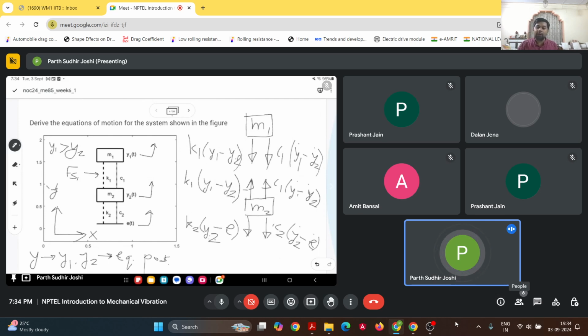Here we assume that e or e dot is already prescribed and known with respect to time, so that is not a separate variable as such. Since we have completed the free body diagram, we can now derive the equations of motion. We will apply Newton's second law to each mass.